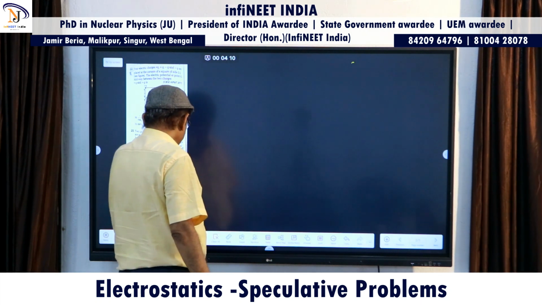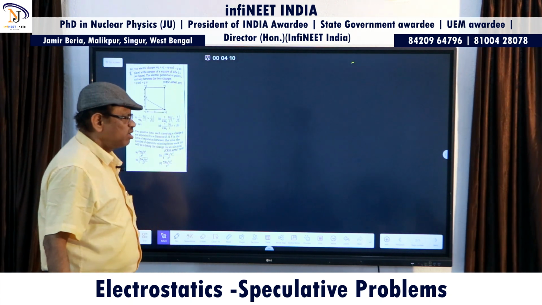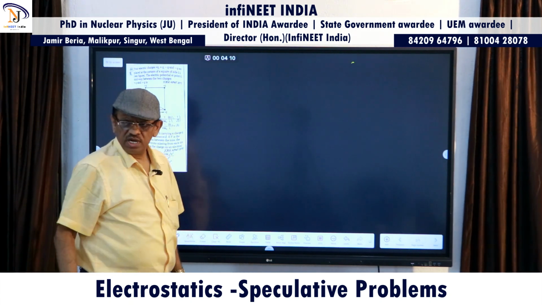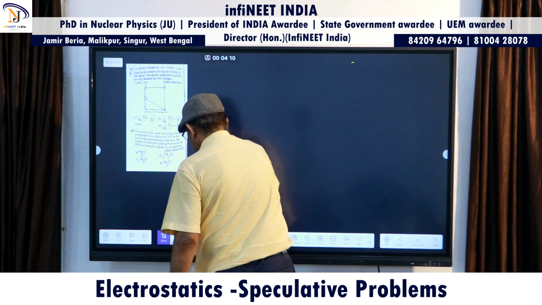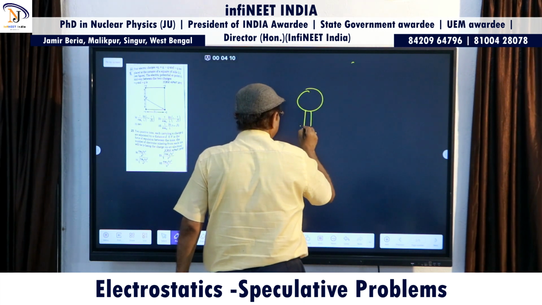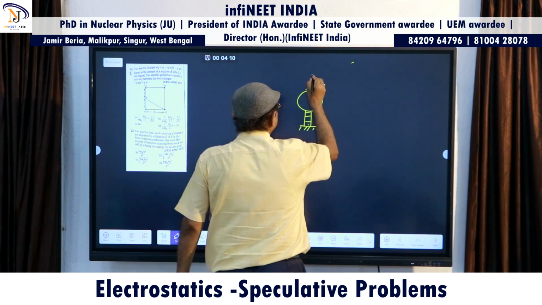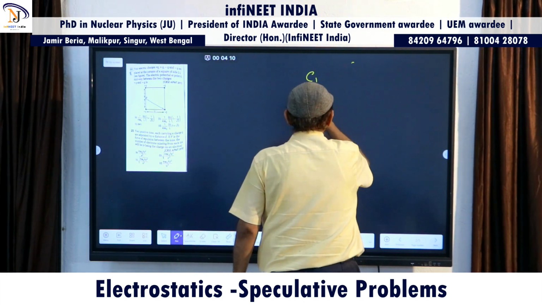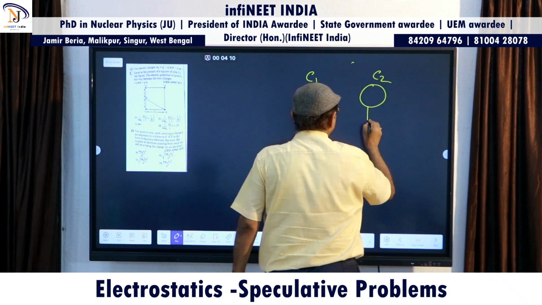So you see what I want to say. This is parallel plate capacitors, and now what I will teach you is common potential. Suppose here is a capacitor kept on an insulated substance. The capacitance is C1, and this is another capacitance, that is C2.